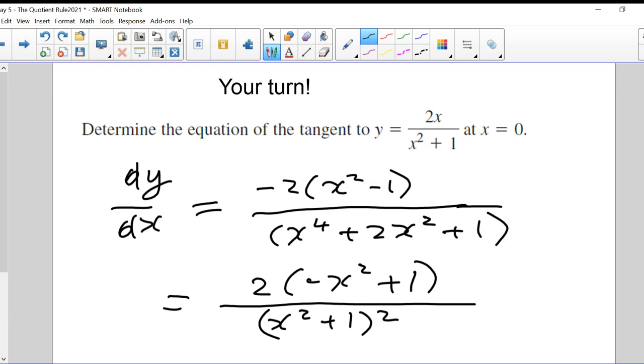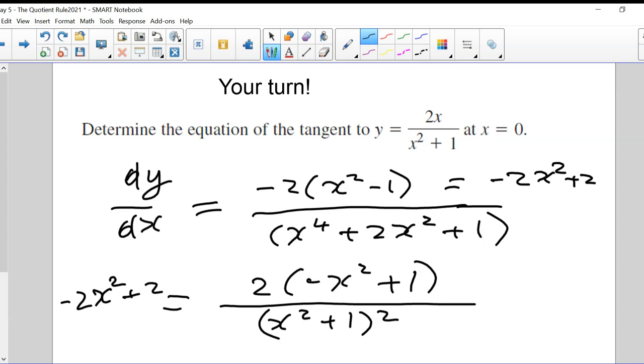In both cases, minus 2x squared. And then you're going to have 2 times 1, which is plus 2. And that's what you have with this one as well. So that's minus 2x squared plus 2. And you got minus 2 over x squared plus 1. That's quite different. I got the same as Taj, except I didn't expand the x.